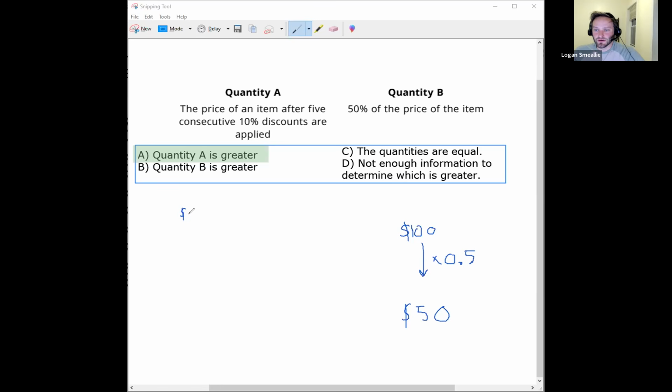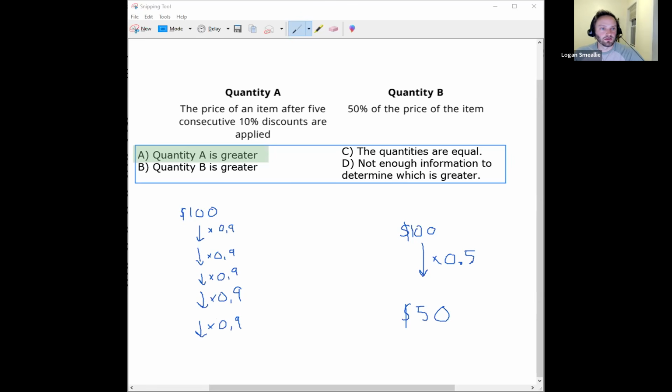Over here, I have to take 10% off 5 times, and I have to do it with the decimal multiplication. Well, I could do it with the longer formula way if I wanted, but I can't do this.